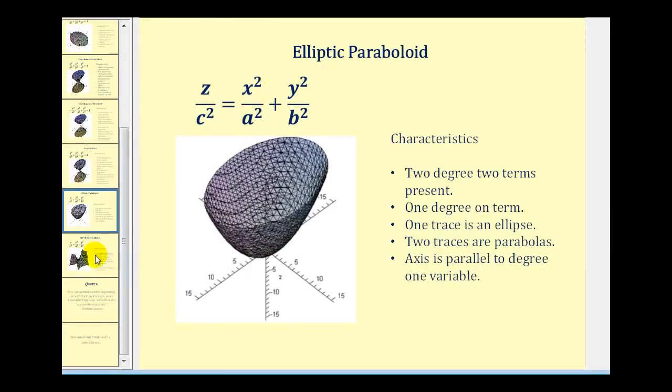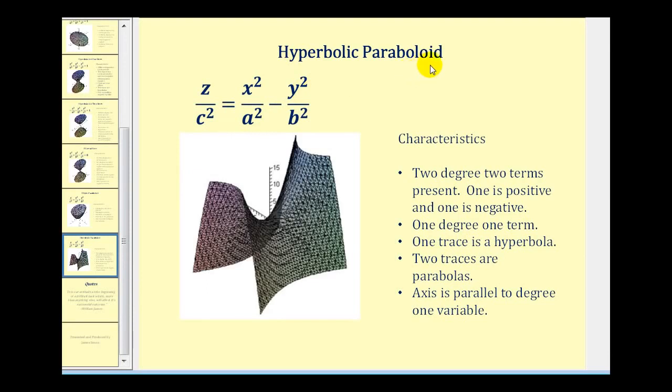And the last one we'll talk about is the hyperbolic paraboloid. Notice again there are 2 degree 2 terms where now 1 is positive and 1 is negative, and there's 1 degree 1 term. 1 trace is a hyperbola and 2 traces are parabolas, and the axis is parallel to the degree 1 variable.